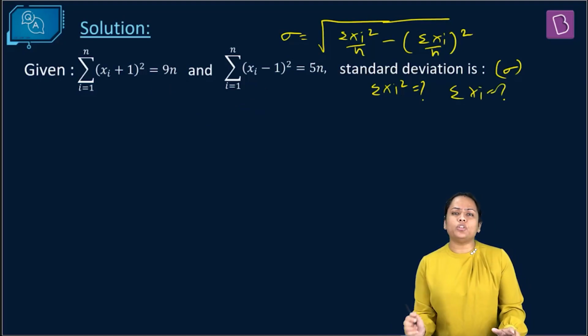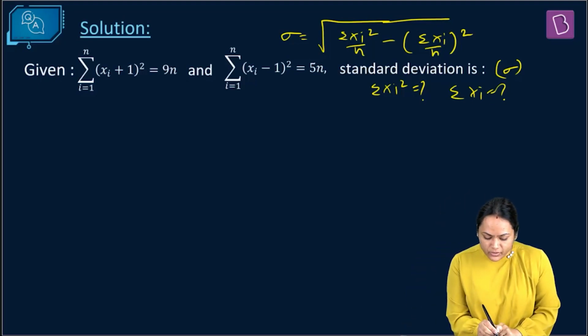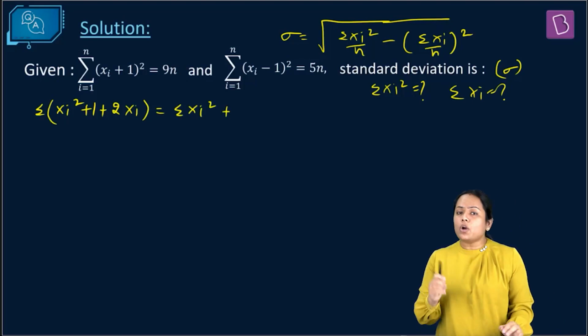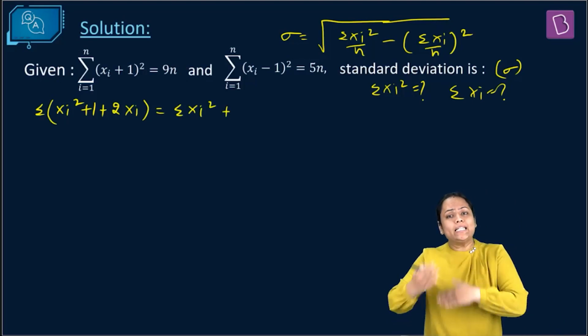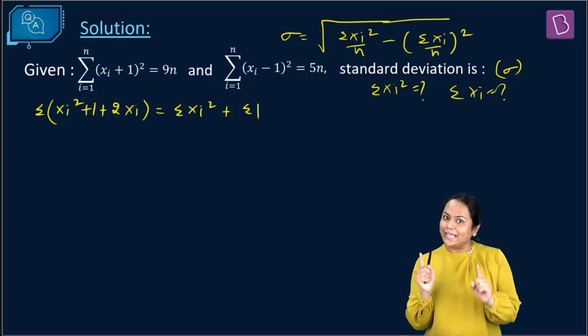I'm expanding both the squares in the first relation as well as in the second relation. So my first relation is going to become xi square plus 1 plus 2 xi, right? This entire summation is equal to, further I can break it as summation of xi square. Now guys, if I add 1 till n times, this summation of 1 is going to become n, right?